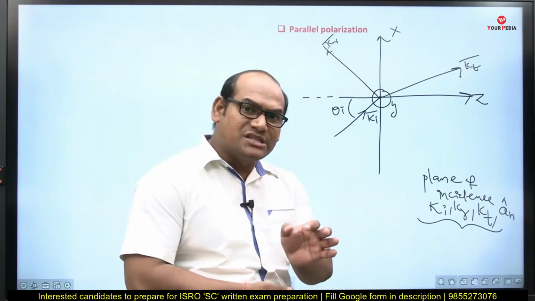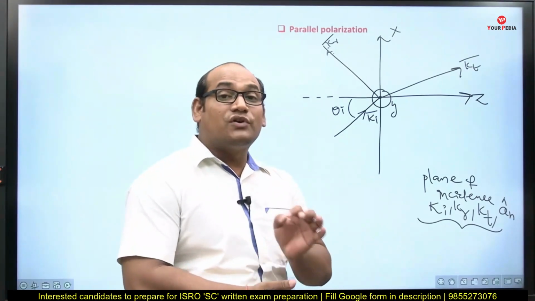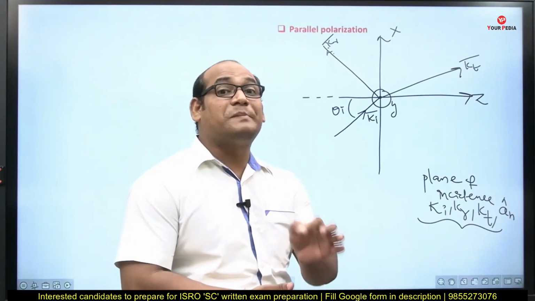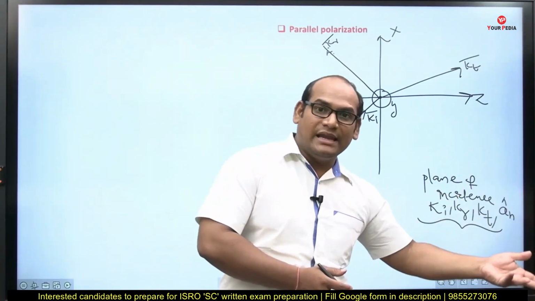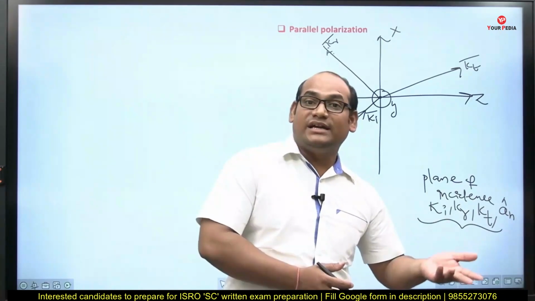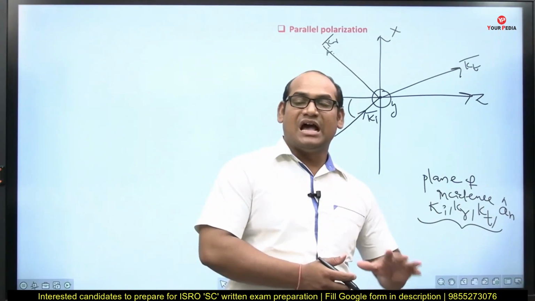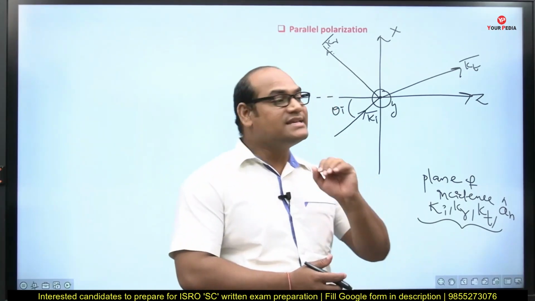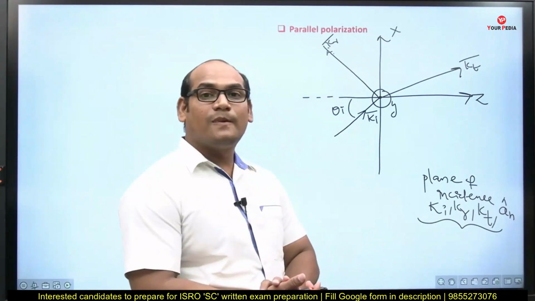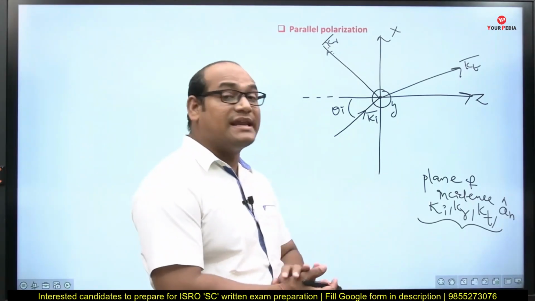Again we are telling with respect to the electric field only. What is the plane of incidence? The plane in which ki, kr, kt and the normal to the interface are all available.